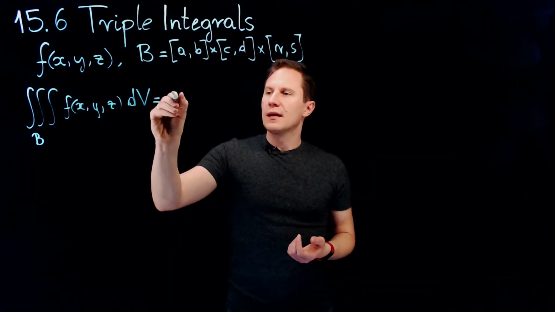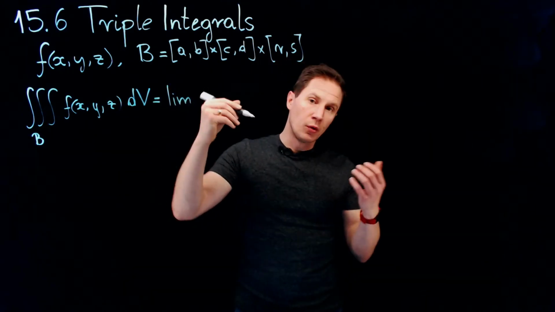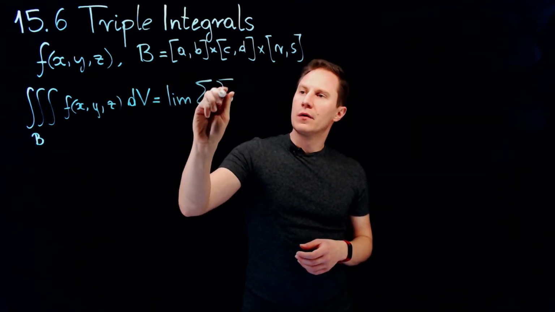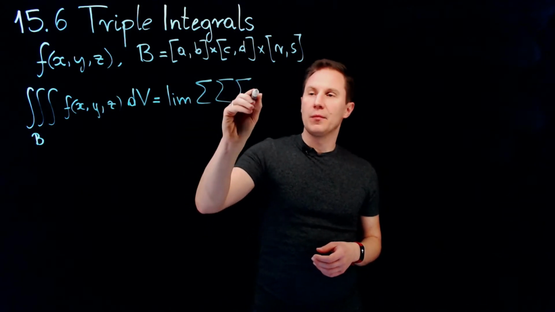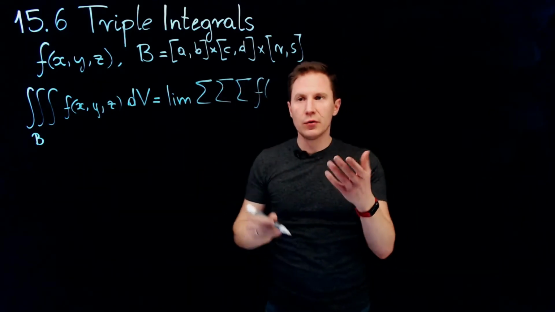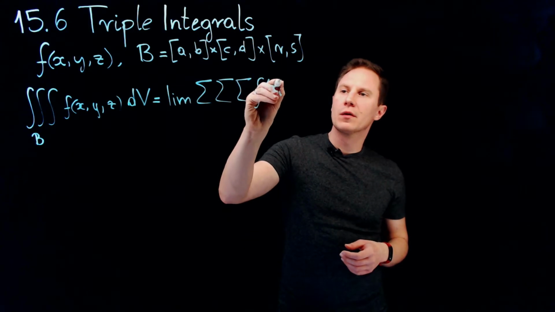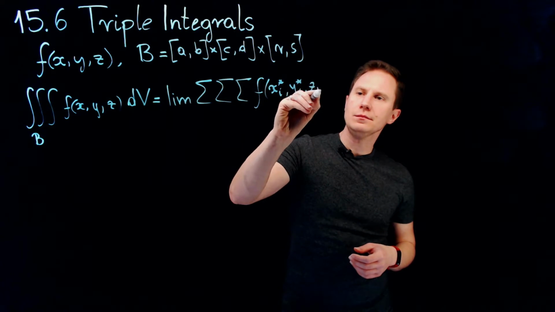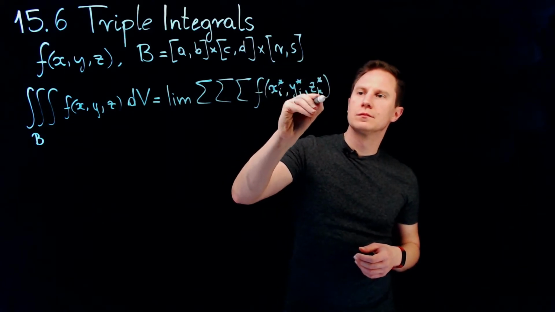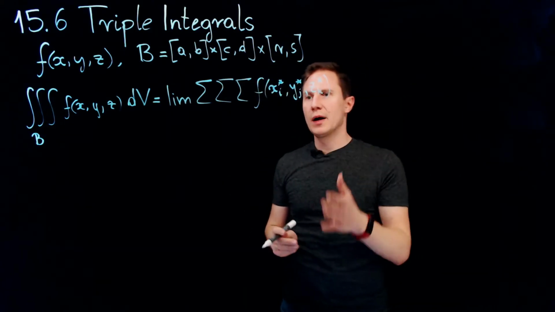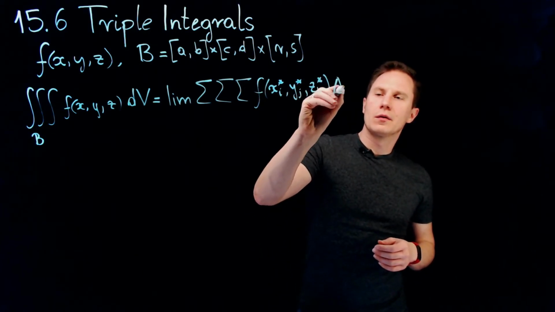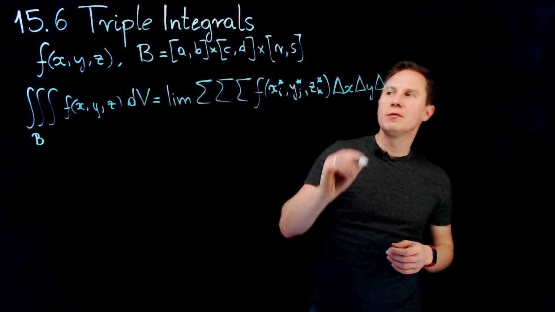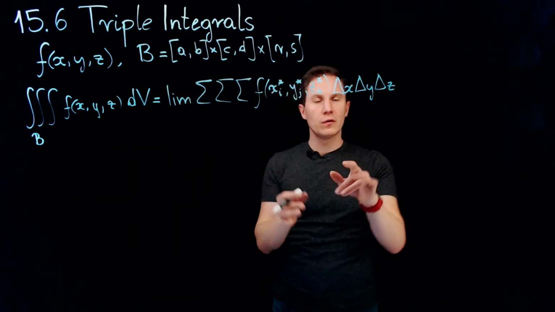we need to take the limit of a triple Riemann sum, which is just summing over the function's values taken at some sample points multiplied by some small volume formed by the subdivision of the x, y, and z intervals.